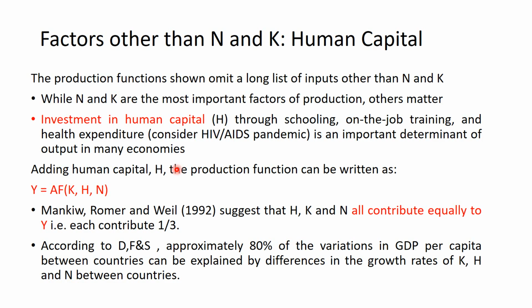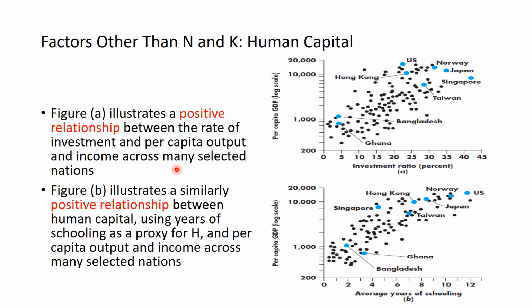According to Dornbusch, Fischer, and Startz, approximately 80% of the variations in GDP per capita between countries can actually be explained by differences in the growth rates of physical capital, human capital, and population size between the countries.